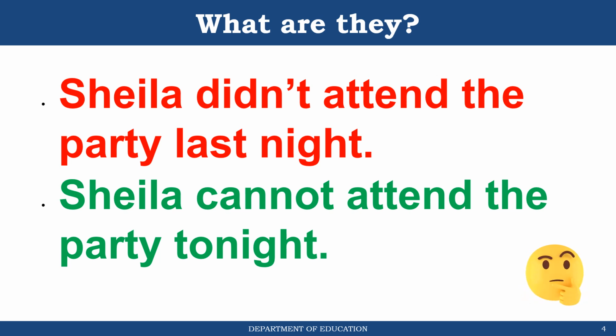So what word was used to state that Sheila is not permitted to attend the party? Very good. The word cannot. And how do we call this word that denotes a feeling in the sentence? Very good. This word is called modal.